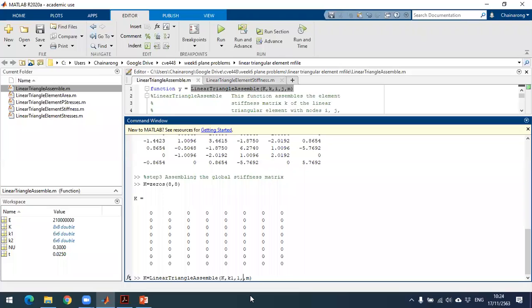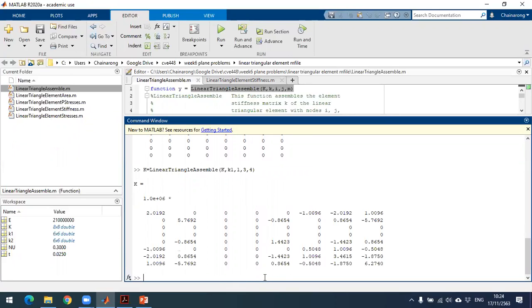Node J for element number 1 is node number 3 in global. And node M is node number 4 in global. After that, we obtain the global element stiffness for element number 1 already.